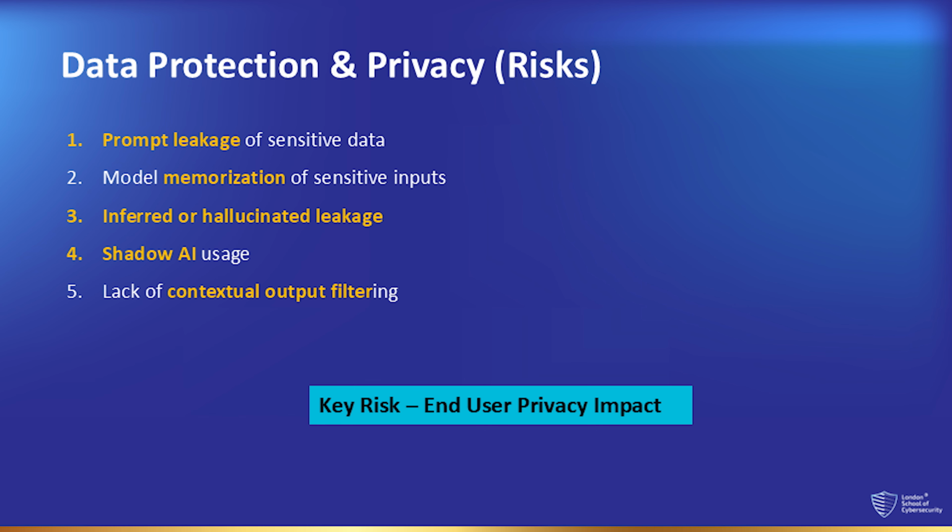Next comes the data protection and privacy risks. Obviously, in today's non-AI systems, we have the risk of data leakage, risk of unauthorized access, and privacy: who is seeing what, and has the person given us permission to use that data for that particular purpose?